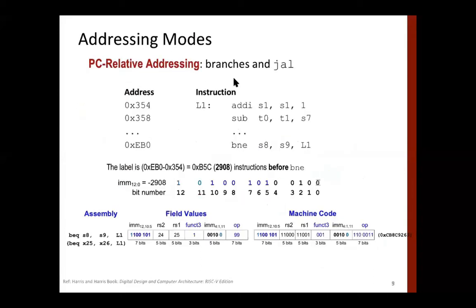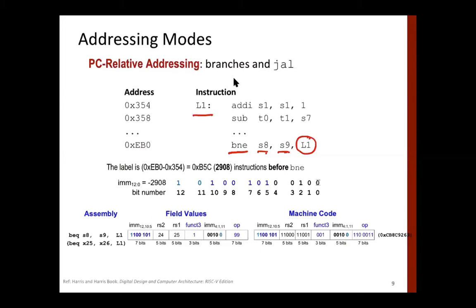Simple. And then the last that we studied was PC relative addressing. Say when we do a branch, for example, branch if not equal in this example, it means that if the contents of S8 is not equal to the contents of S9, then branch to label L1, where L1 is defined somewhere in the assembly language program.